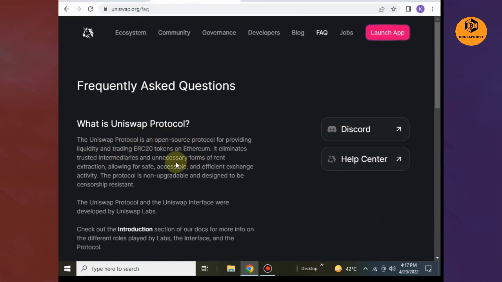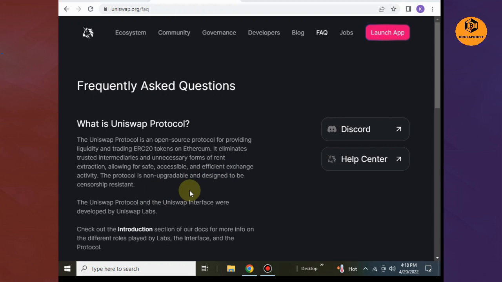They are saying Uniswap protocol is an open source protocol that provides liquidity and trading of ERC20 tokens on Ethereum. It removes trusted intermediaries and unnecessary forms of rent extraction that allow for safe and accessible as well as efficient exchange activity.